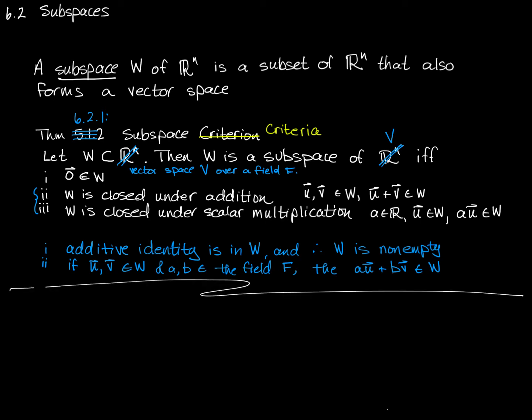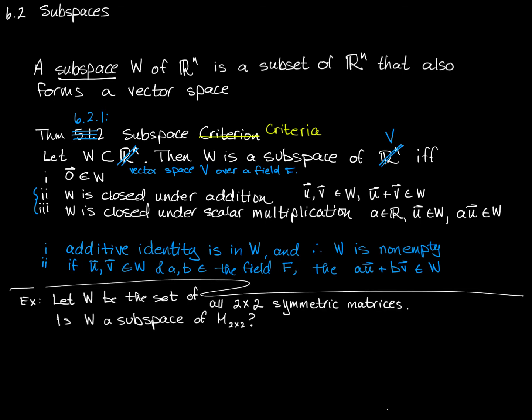Let's take a look at an example of how you might try to find out whether a subset of a vector space was a subspace of that vector space. Okay, so here's our example. Let W be the set of all 2 by 2 symmetric matrices. We're going to find out from what follows whether W is a subspace of M 2 by 2.